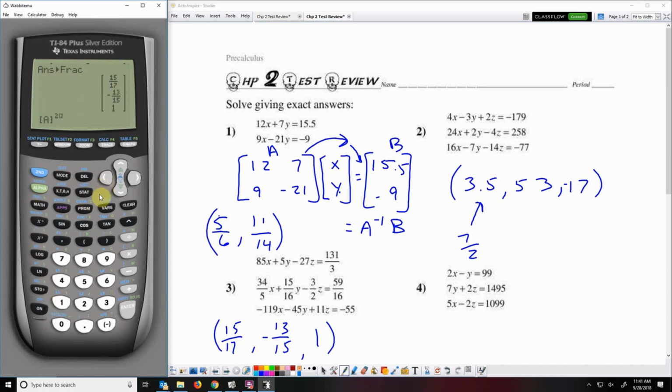Hit that wrong button again. Second matrix 2. Okay, so we get an x value of 173. Y value of 247. Z value negative 117.